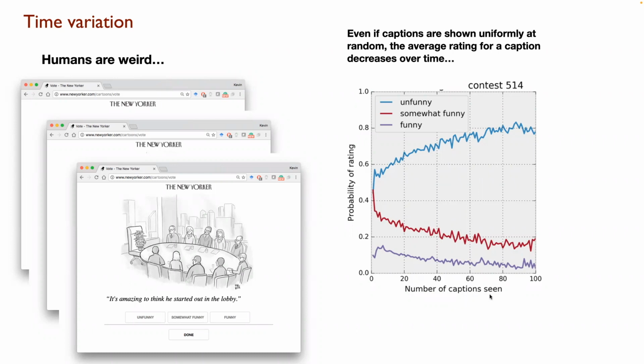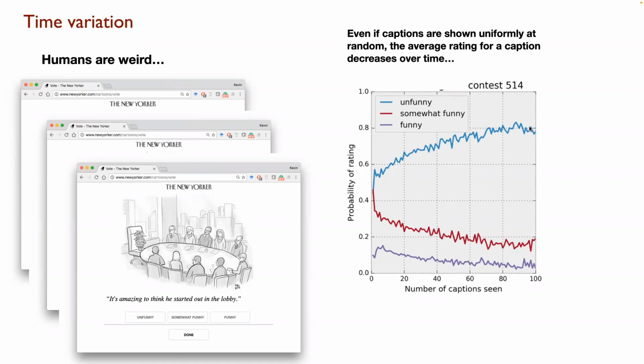But when we actually ran this experiment, we saw something unexpected at the time, but obvious in hindsight: over time, you tend to dislike captions no matter what they are. The more captions you rate, you're calibrating yourself, or you're just getting irritated and upset with the application, and you're deciding each one is less and less funny as time goes on.